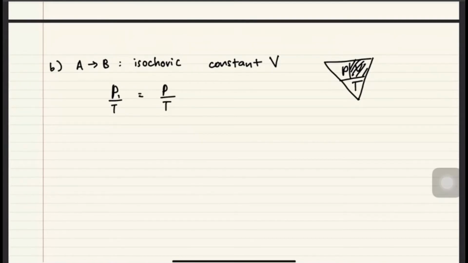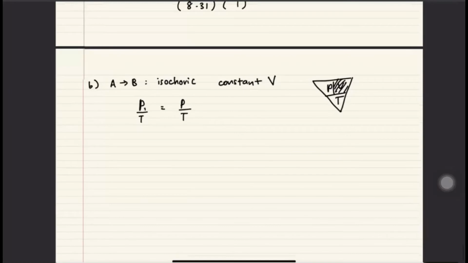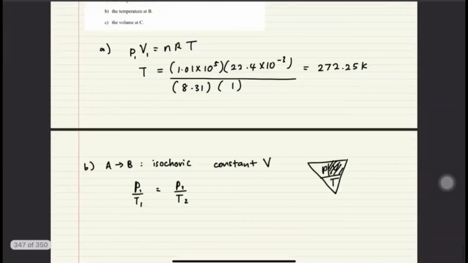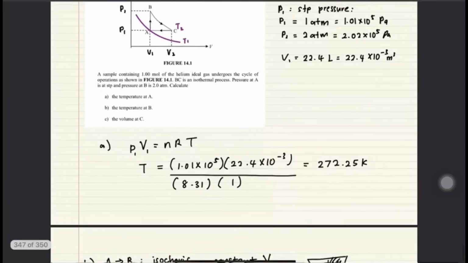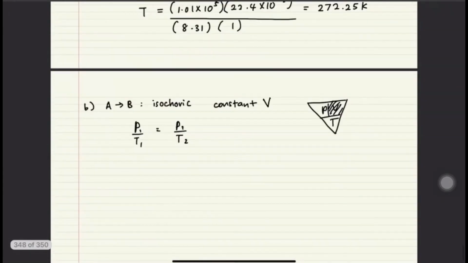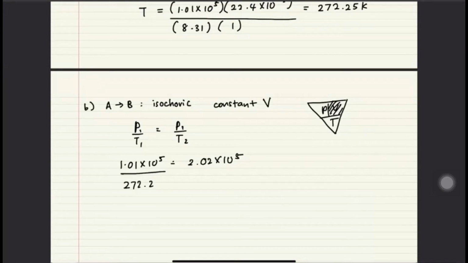Kalau ikut label saya 1, 1, 2, 2, P1 tadi adalah 1.01 darab 10 kuasa 5, P2 is 2.02 darab 10 kuasa 5, T1 is 272.25, T2 is over here.